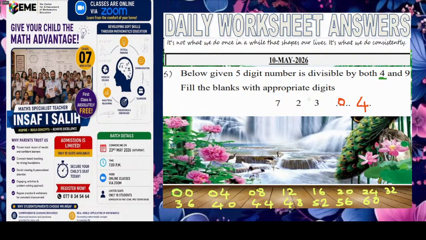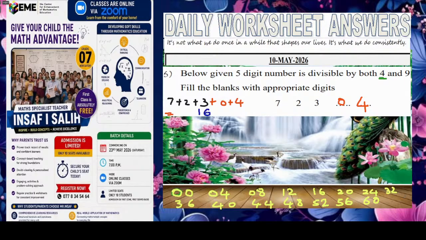So now 72,304 is a number divisible by 4. But that check alone is not enough. Now we have to check whether this number is divisible by 9. How do we check? Add the digits. 7 plus 2 plus 3 plus 0 plus 4. 7 plus 2 is 9, 9 plus 3 is 12, 12 plus 0 is 12, 12 plus 4 is 16.